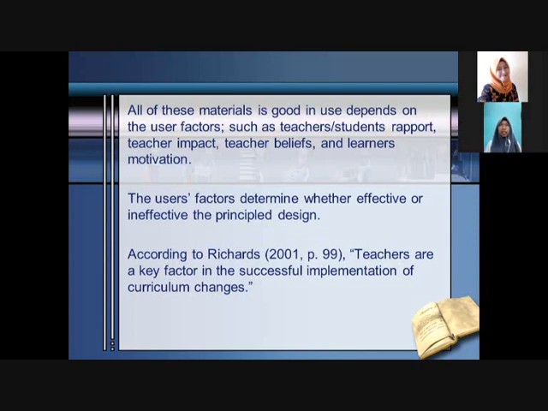But in fact, this is really due to the teachers' factors or the user factors of the learners.